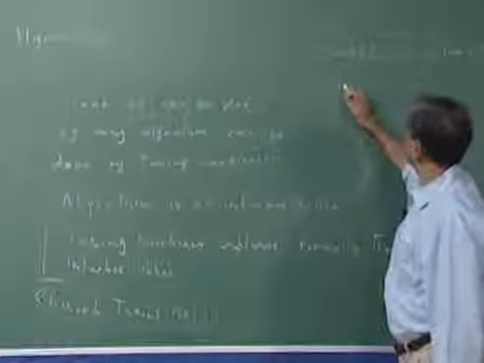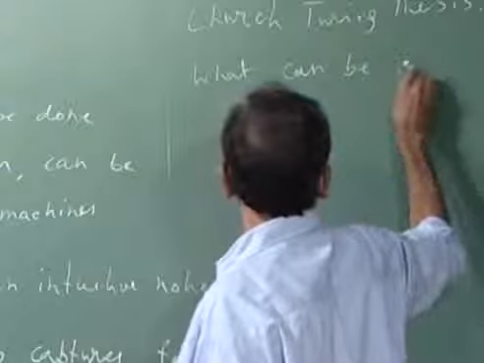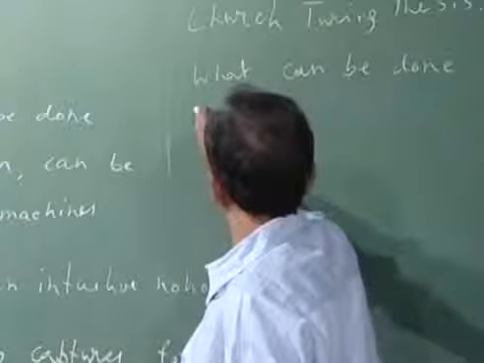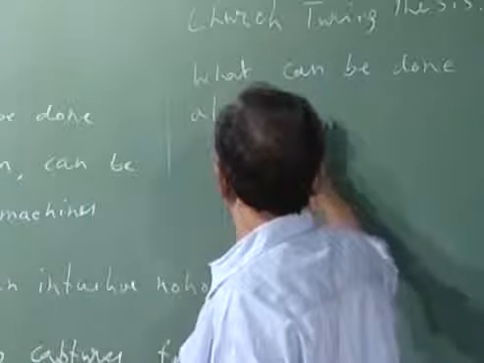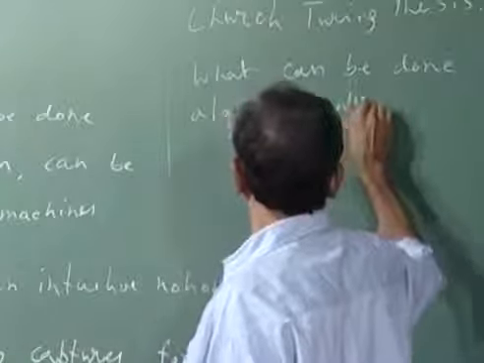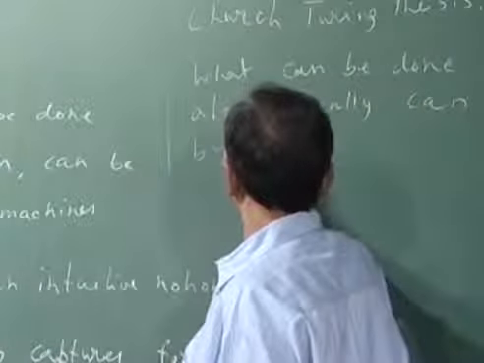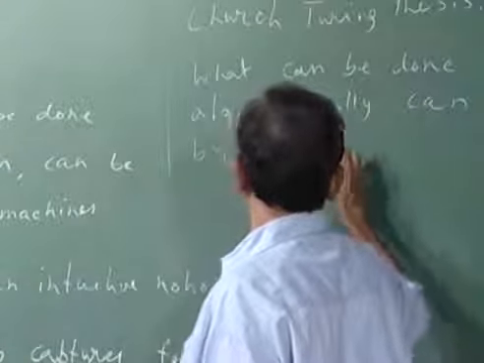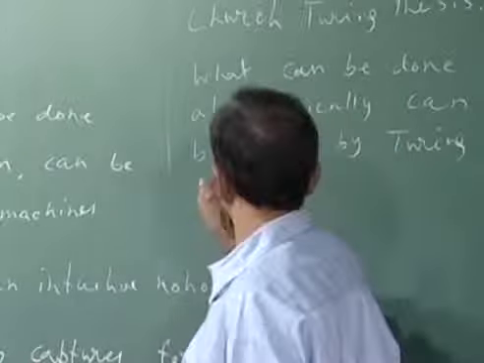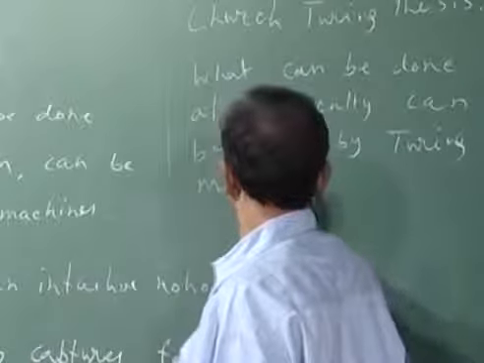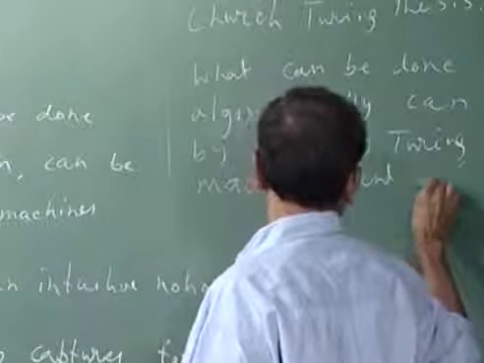What can be done algorithmically can be done by Turing machines and vice versa.